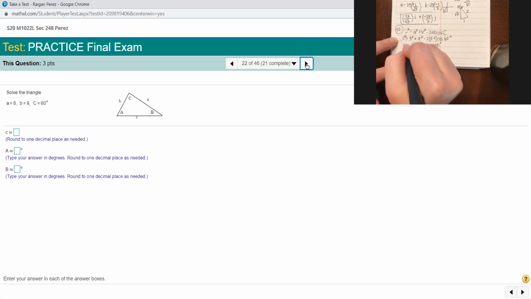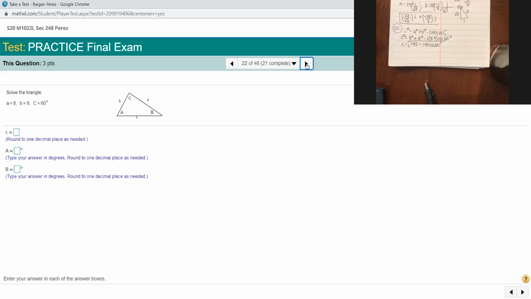So in my calculator, 145 minus 144 times cosine of 60, and then take the square root of that. Okay, I'll make sure I did that right because it said this was 73.